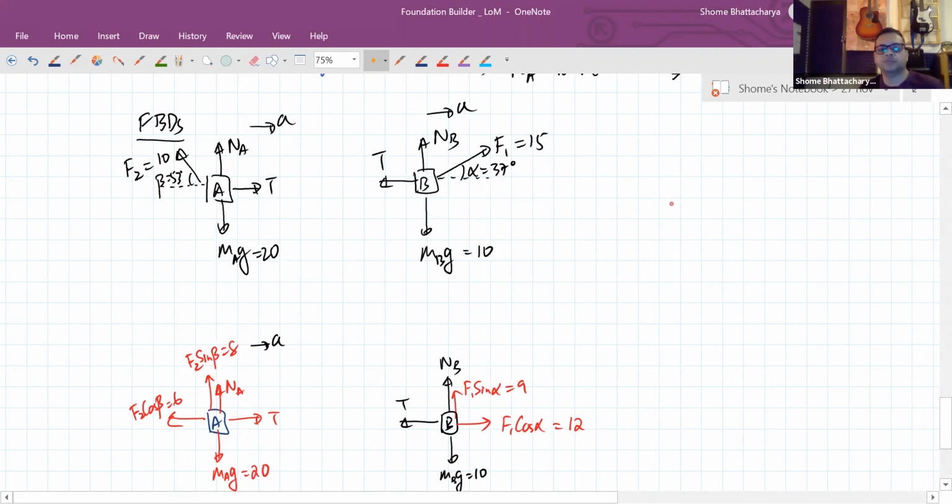Because you can see that F1 cos alpha is 15 cos 37, that is 15 into 3 by 5. Sorry, 15 into 4 by 5, so that is 12.